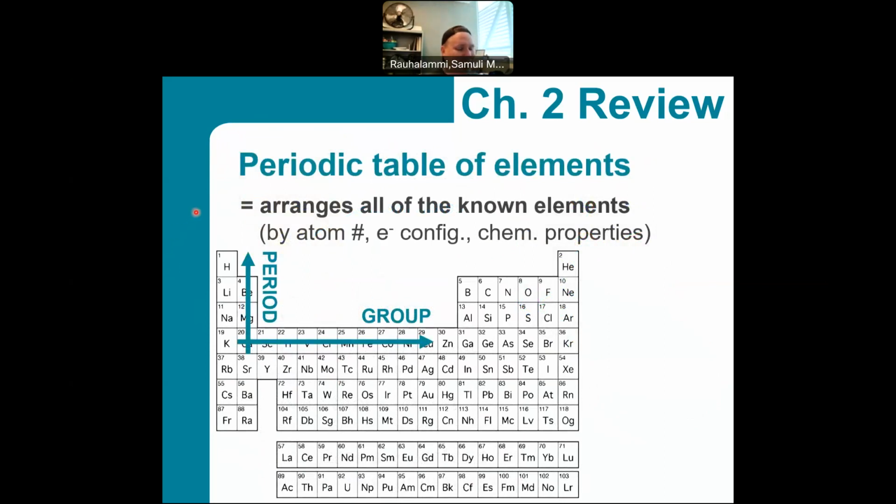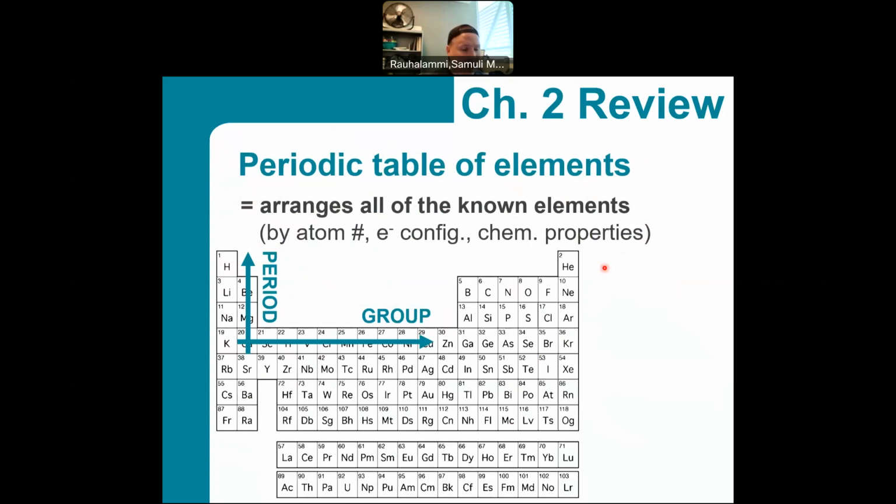Earlier, I mentioned that the periodic table of elements is a way for us to list all known elements in a very specific manner. What we end up seeing is that the periodic table contains these columns, if you wish, which we call periods, and in addition these rows, if you wish, which we call groups. Where an element falls on this table, in relation to its period and group, is really important when we're trying to understand what kind of properties that element has.